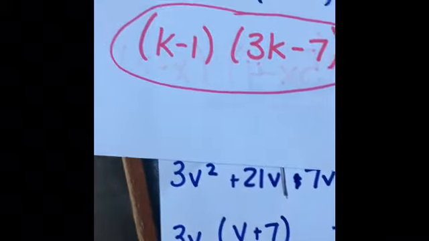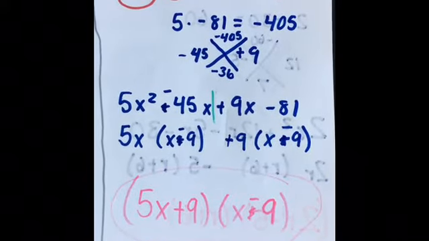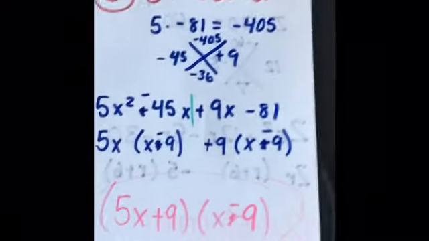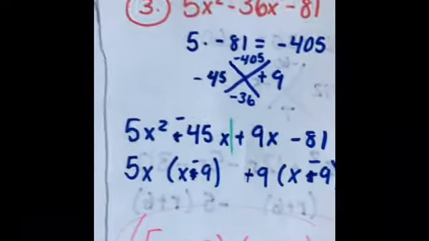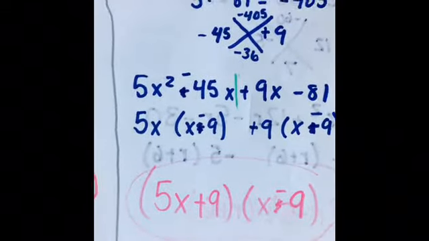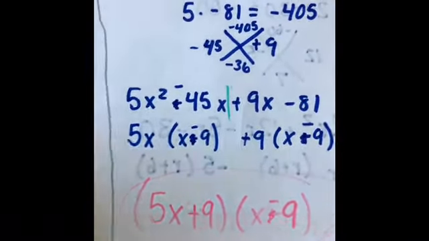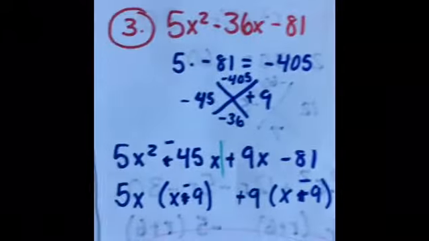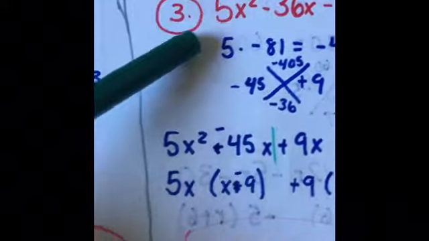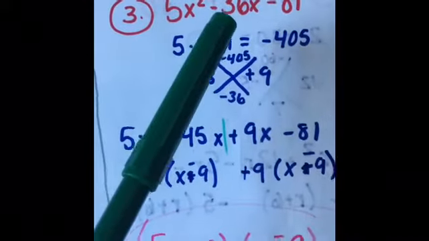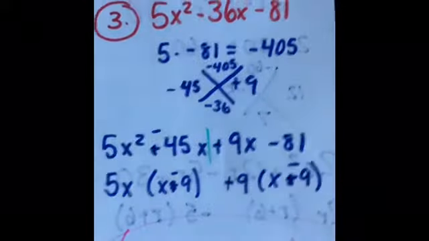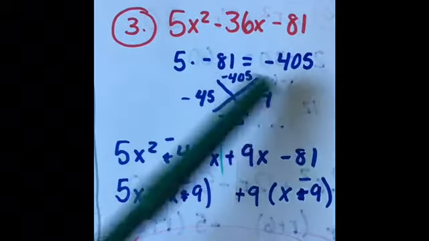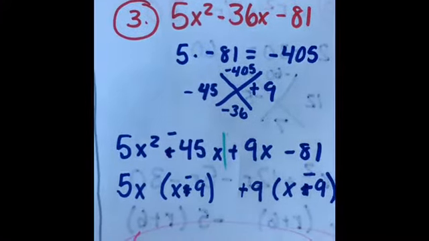Okay, and for the third one, see, I even made a mistake when I did this one. So it's important to remember negative signs in this. If you look at the equation, it's 5x squared minus 36x minus 81. 5 times negative 81 is negative 405.